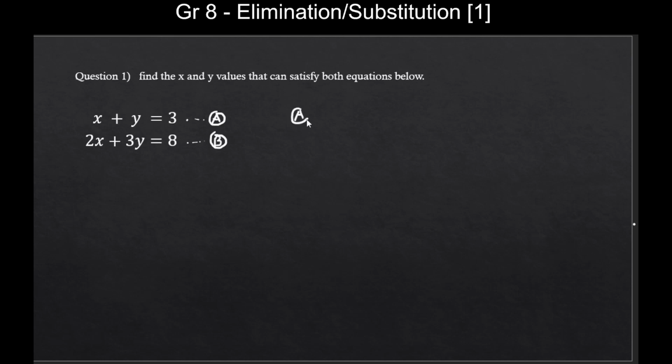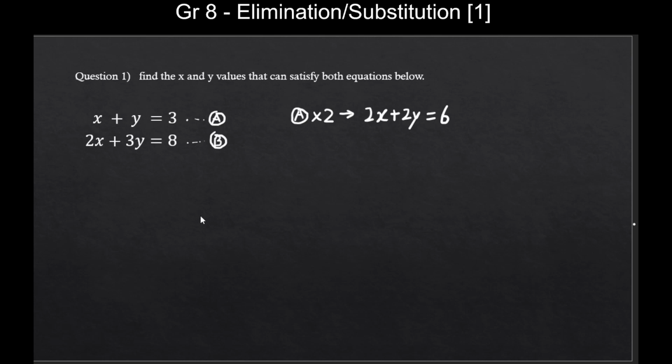So this equation multiply by 2. And what should this be? It's gonna be 2x plus 2y equals 6. So I multiply each term by 2 so that I didn't change this equation. It's still the same equation if you think about it, right?